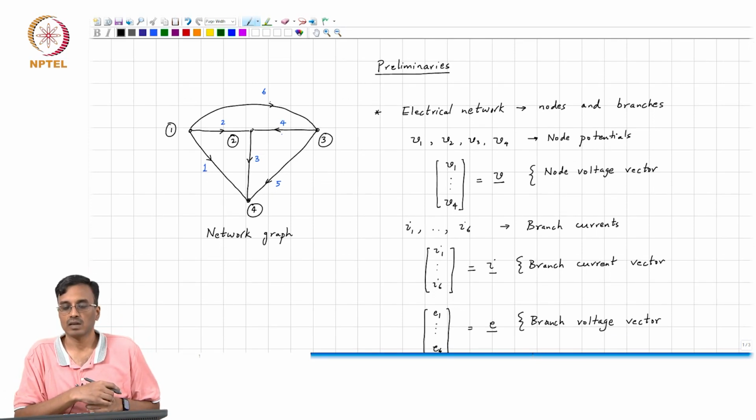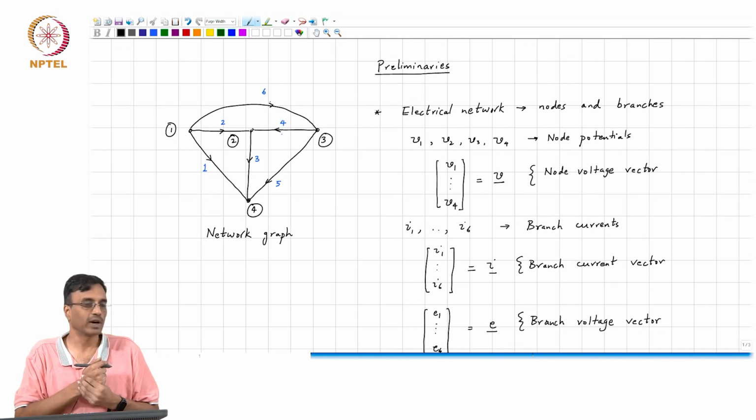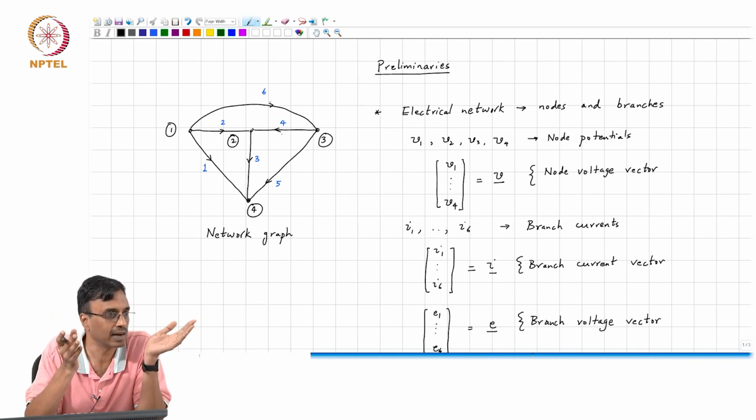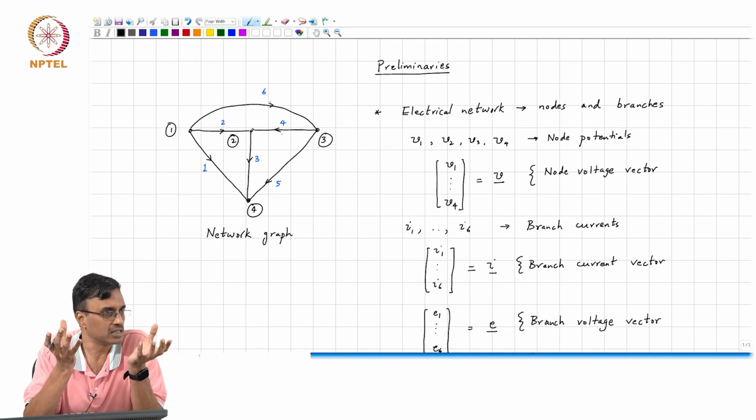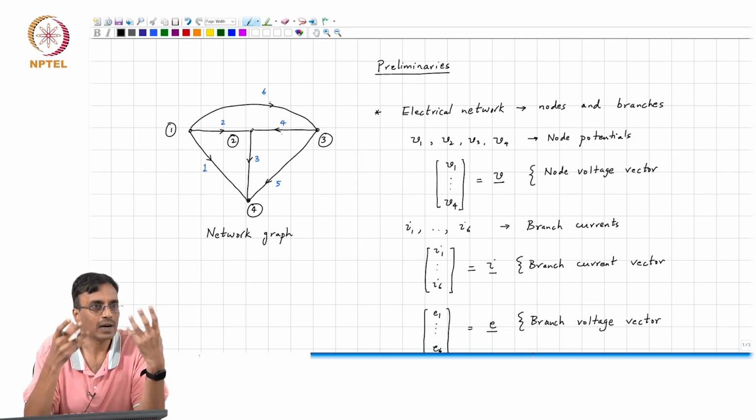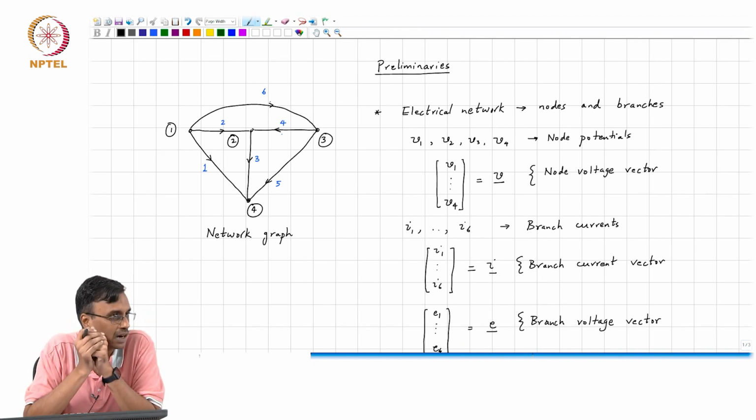And what is the job of network analysis? We have seen this in the past. Well, the assumption is that you know the branch IV characteristics. So, you know how the current through a branch is related to the voltage across a branch, and what you would like to do is to solve the network, namely given the branch relationships, when you connect the branches in this fashion, what are the actual branch currents and branch voltages that result, right?